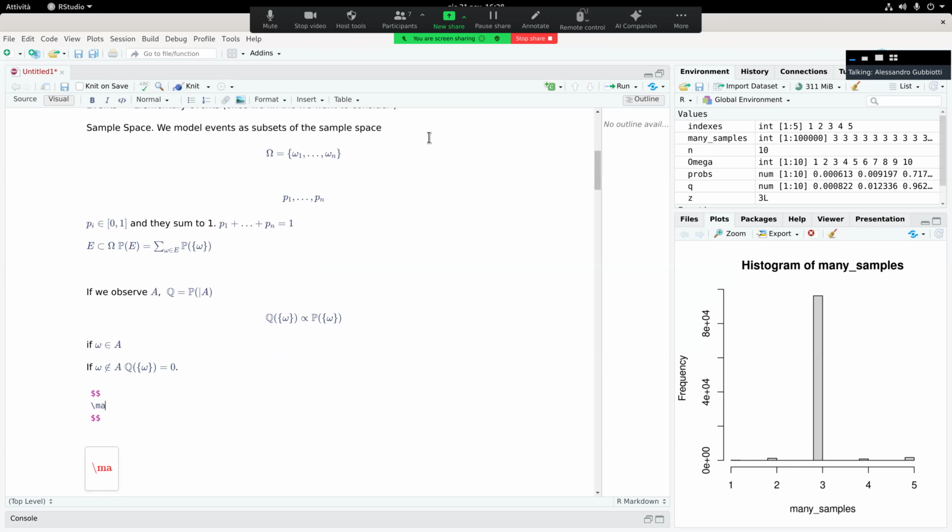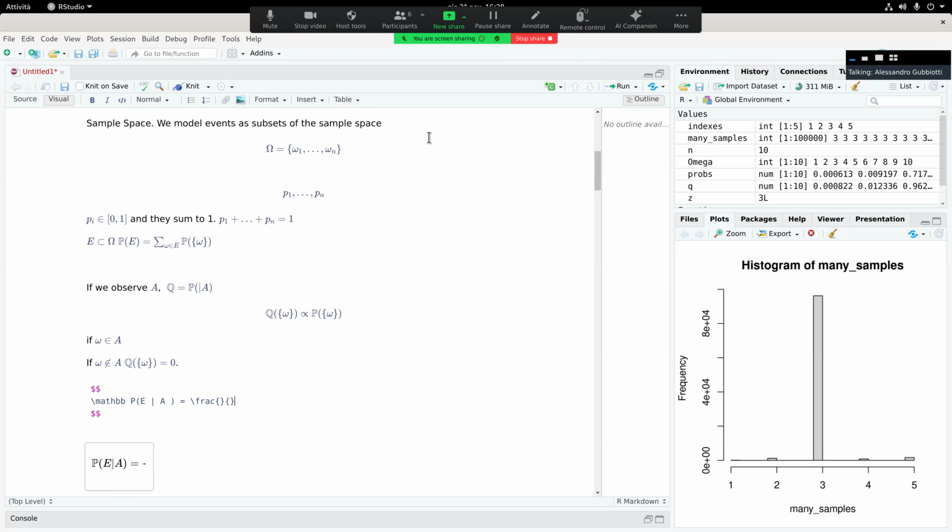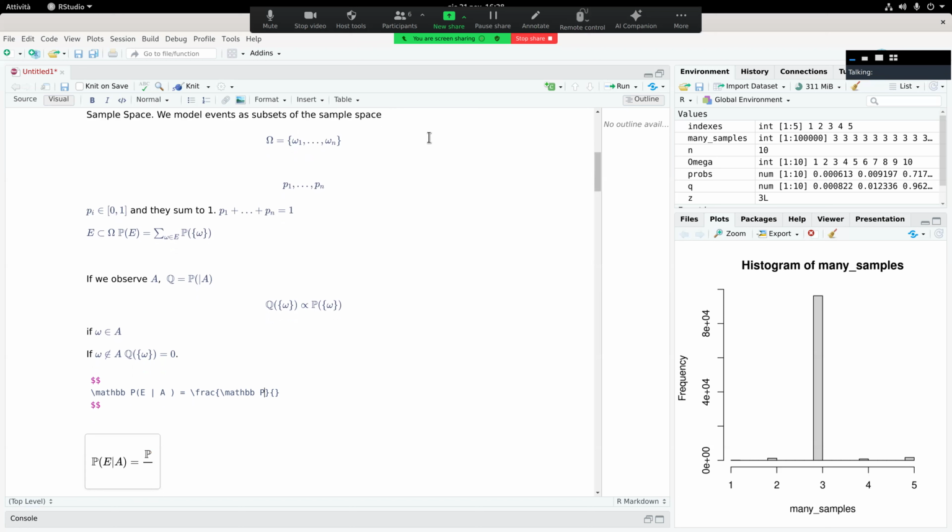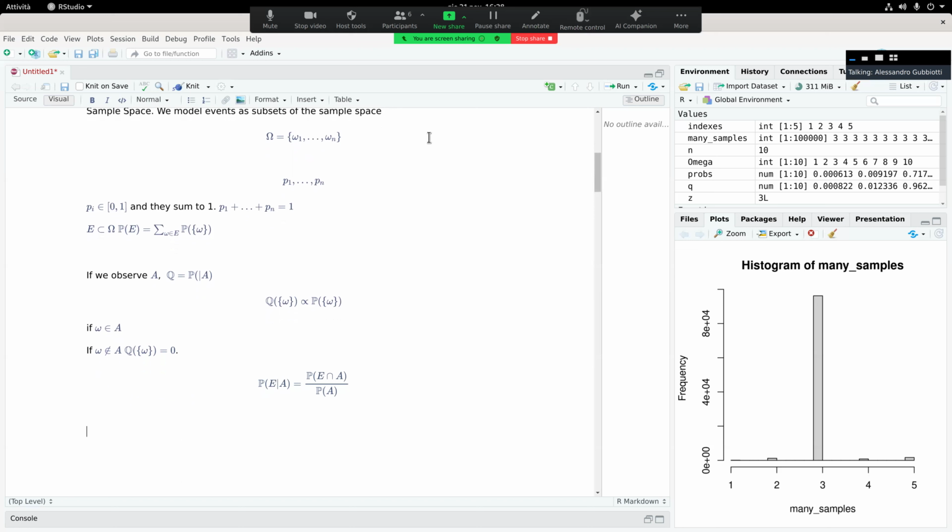The probability of an event E given A is equal to the probability of E and A divided by the probability of A, which is a constant because A is fixed. E may vary. This is the definition of conditional probability.